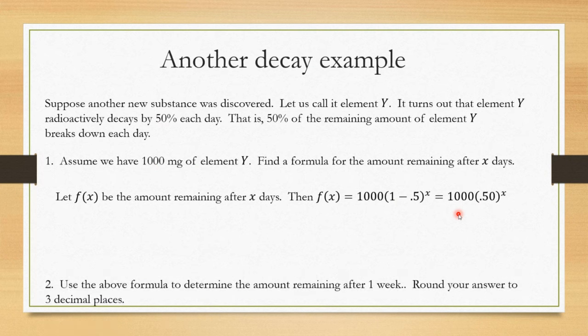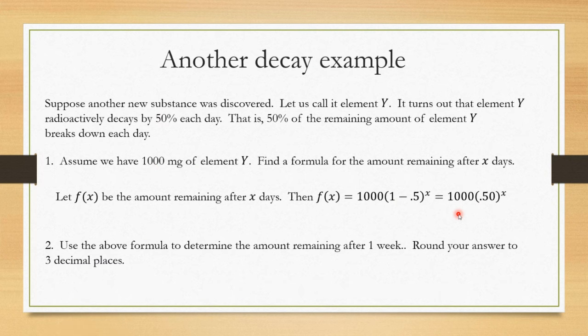Now the question is, how much will be left after a week? Well, we got a formula, so for a week, you would replace x by 7. So we replace x by 7, and what do we get? We get this. So it's breaking down pretty good.